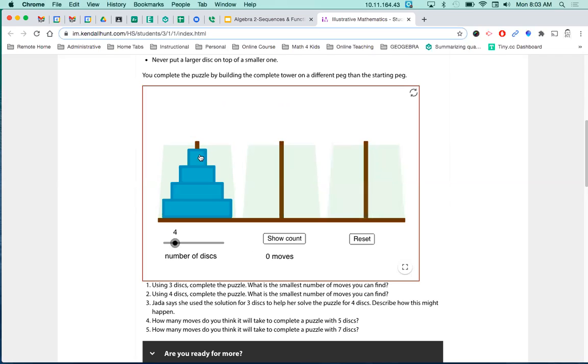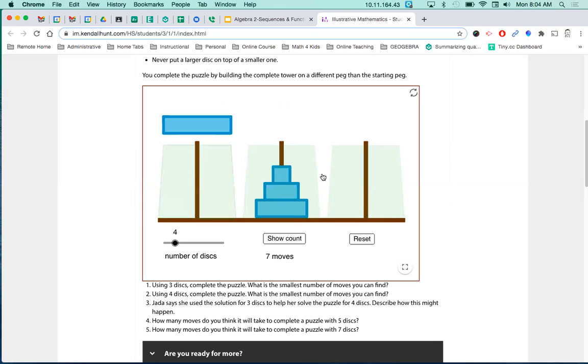The 4th one took a little bit longer, and I'm probably not going to get this one exactly right. Here, I'm resetting. I think I'm supposed to go here to start. There we go. And now once I get this big one, I need to move that.